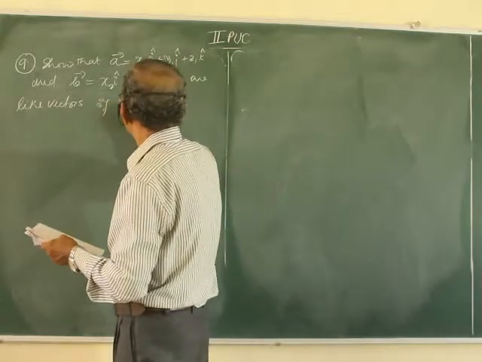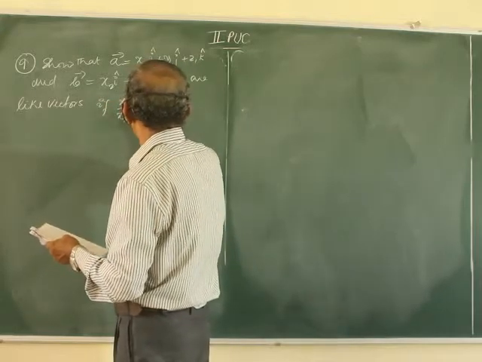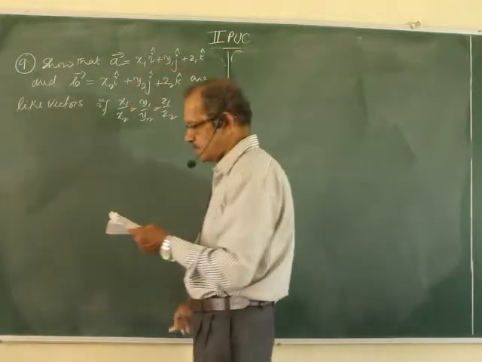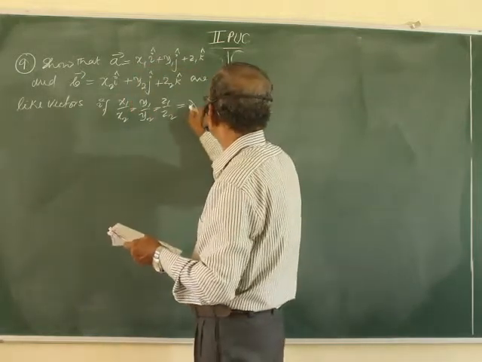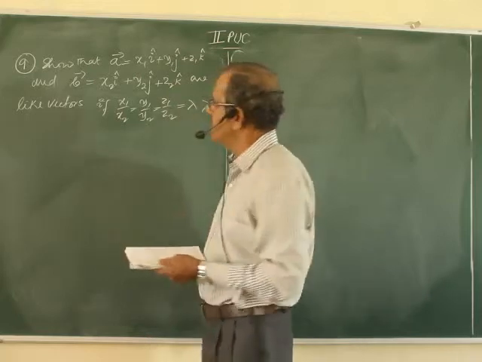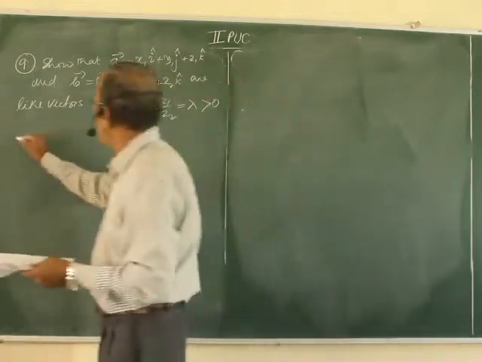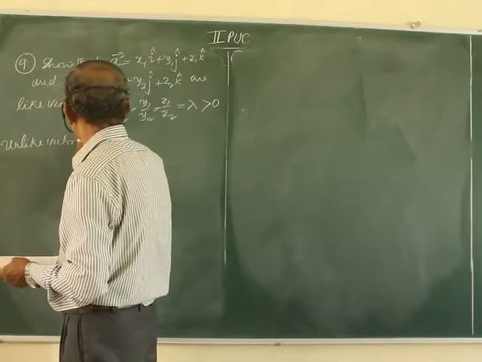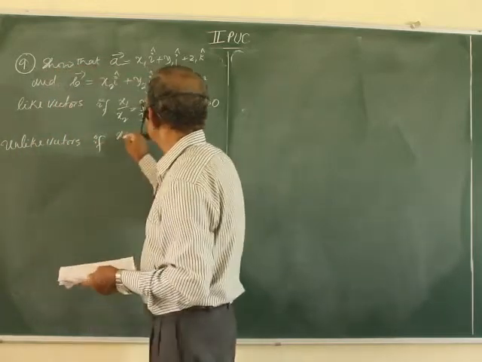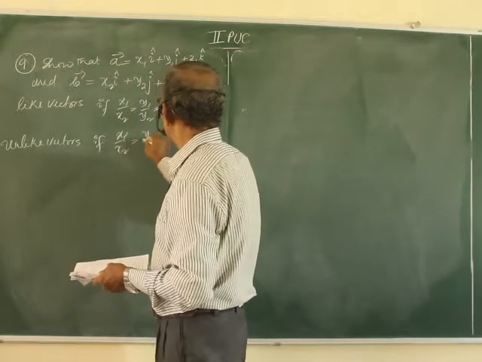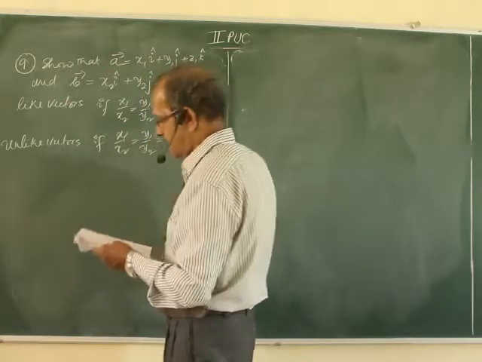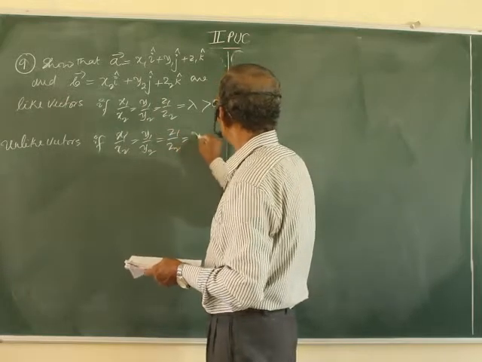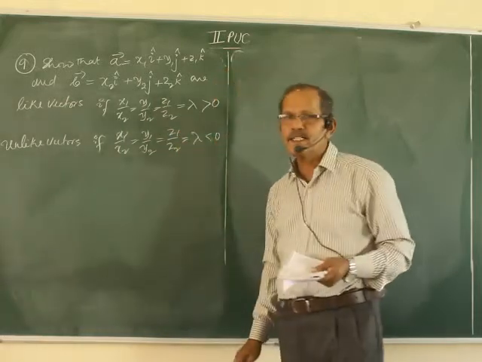if x1 by x2, y1 by y2, z1 by z2 equal to constant lambda greater than 0. Unlike vectors, if x1 by x2 equal to y1 by y2 equal to z1 by z2 equal to lambda, but lambda is less than 0.